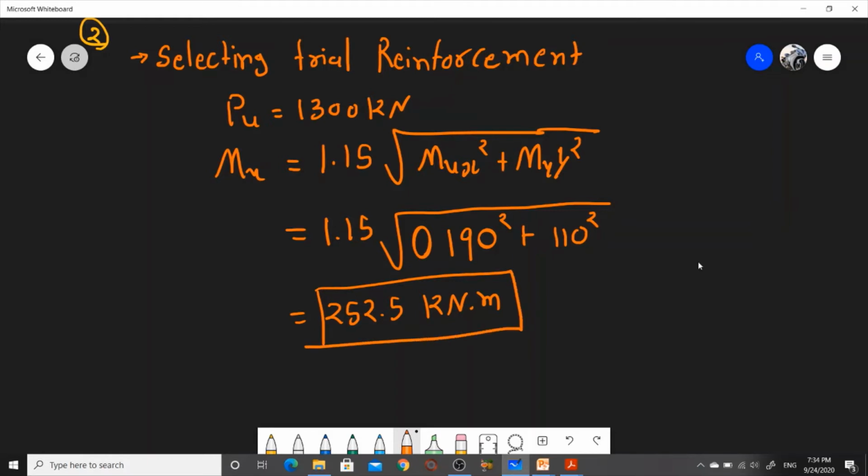So this is the moment and this is the axial force. We have both values here. Now we find d dash by capital D, which is 60 effective cover over 400 overall depth. So d dash by D is 0.15.